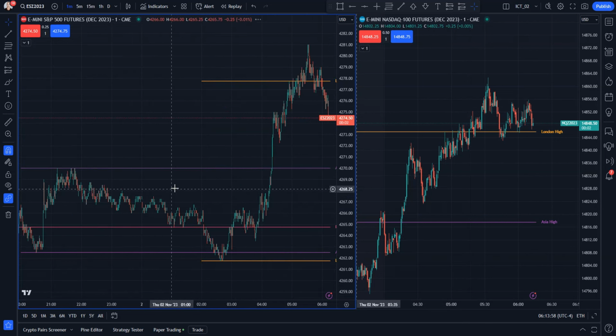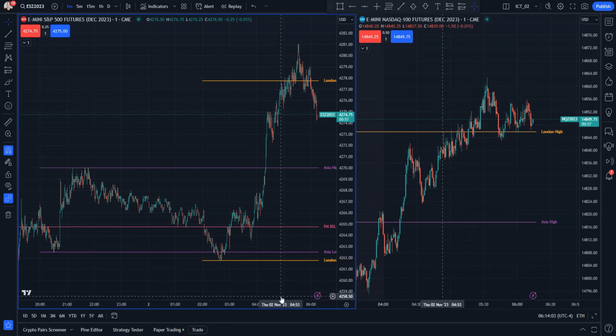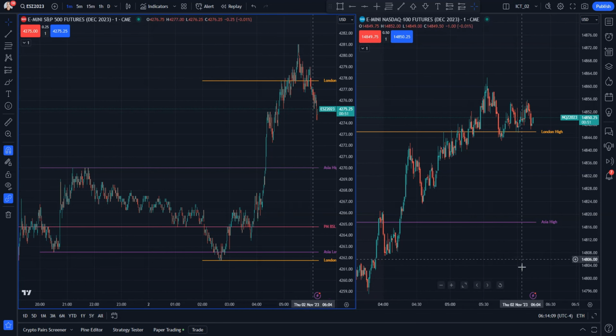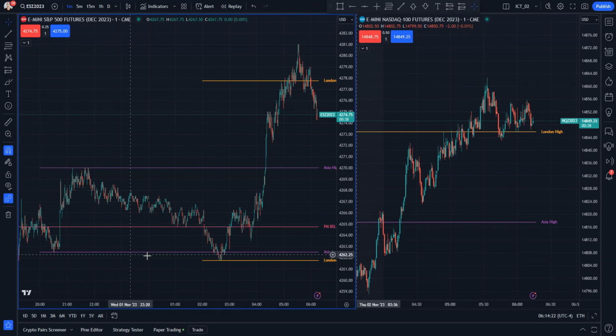So for example, if I zoom out a bit on this 1 minute, first of all it's the ETH, electronic trading hours extended, so it's currently at UTC -4, so that's New York time. So this is plotting the Asia high in this range and the Asia low.